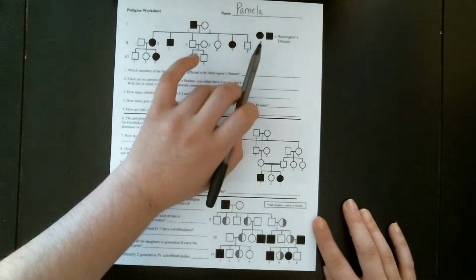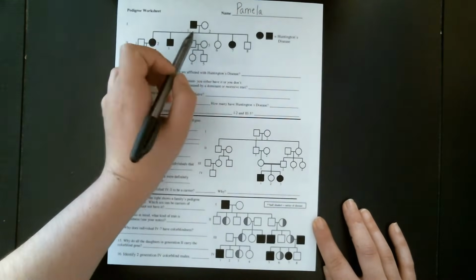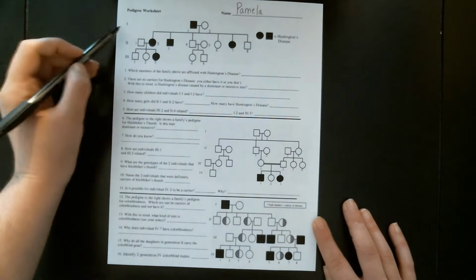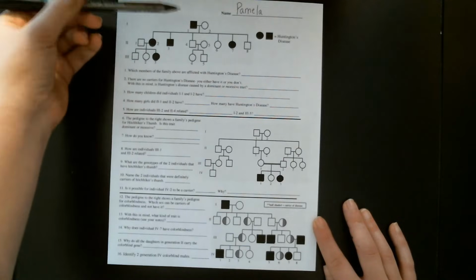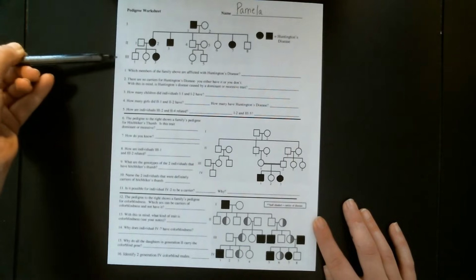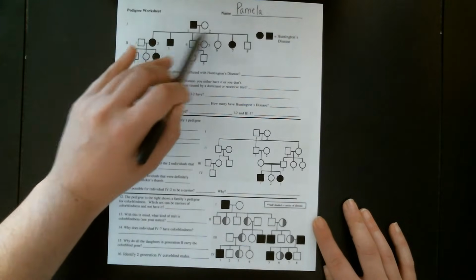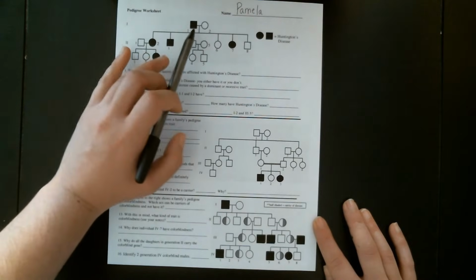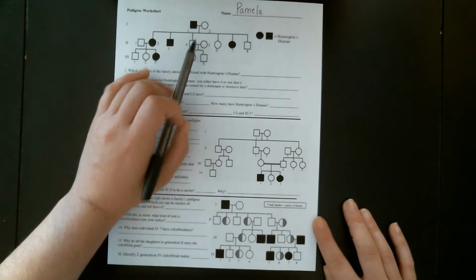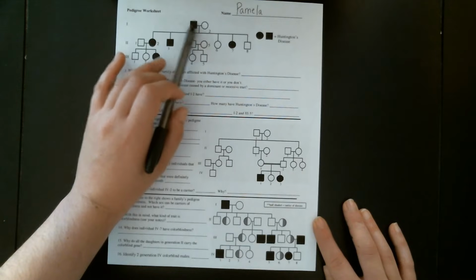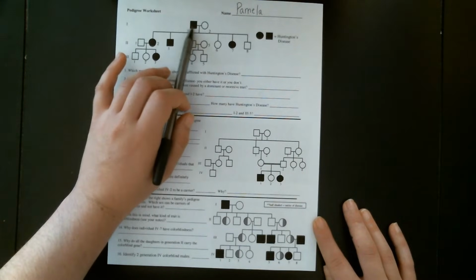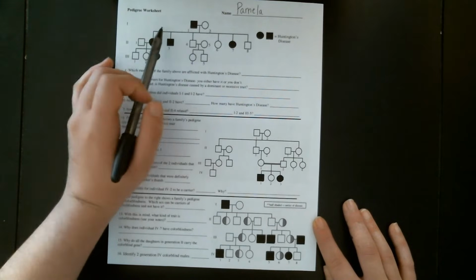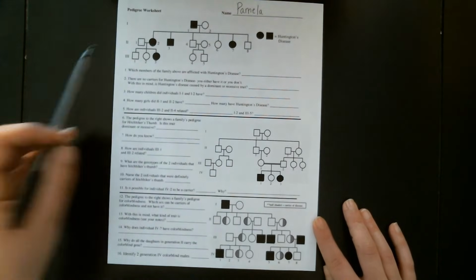Okay, so now we can see that the generations are labeled over here with Roman numerals, so we have first generation, second generation, and third. The first generation we're dealing with is these grandparents, this male and female, and we know the grandpa is affected by Huntington's disease.